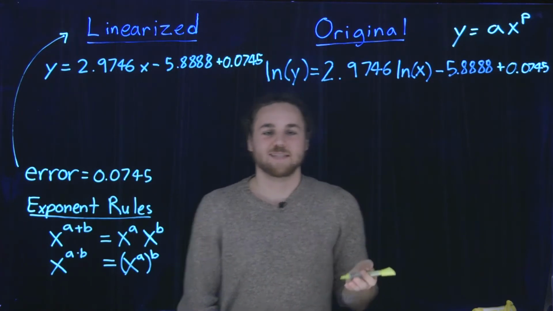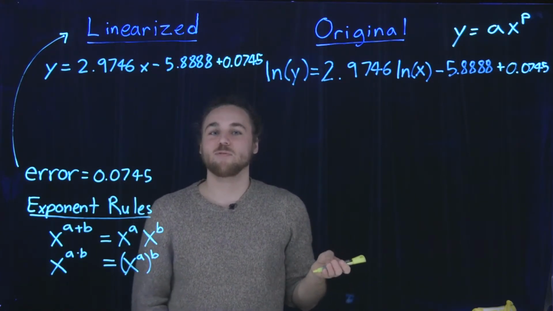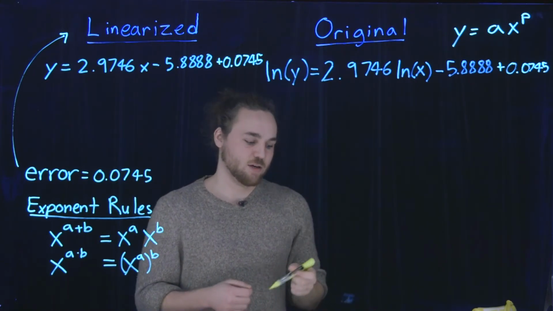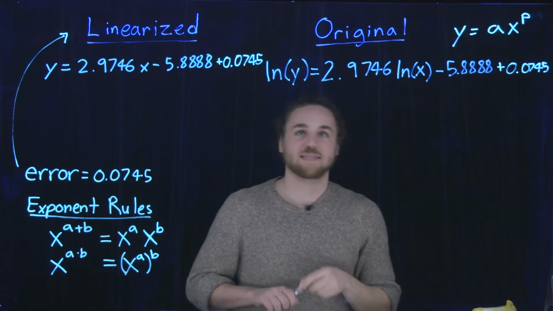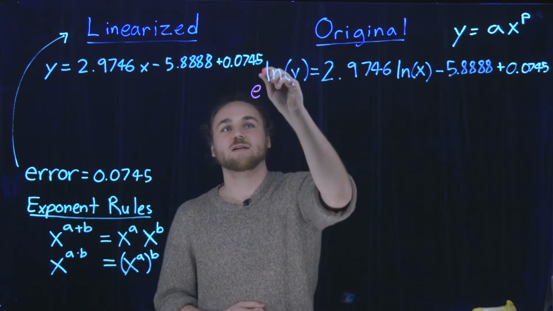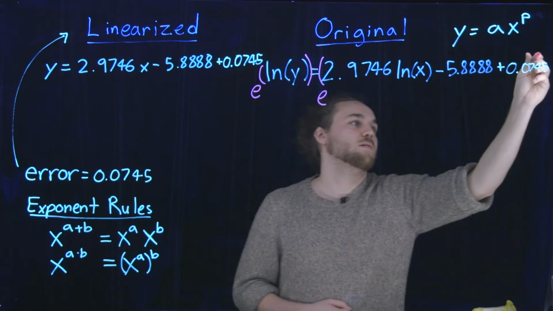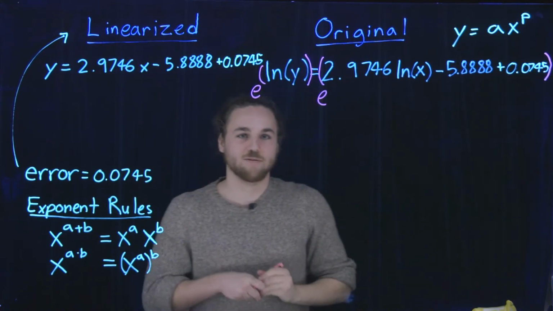So the next step is just exactly what we did before, where we use all of our exponent rules to solve for y and get it alone. And to do that, just like last time, we started by exponentiating both sides, and then solve from there.